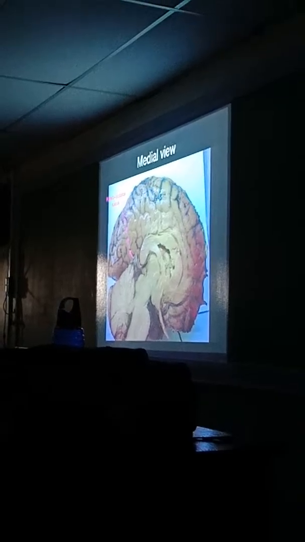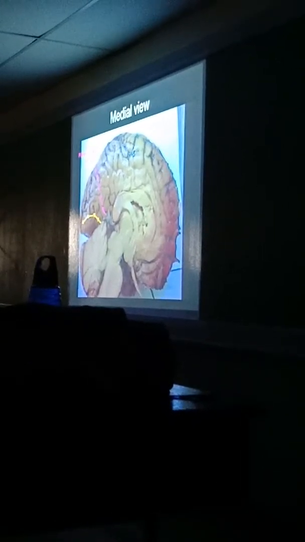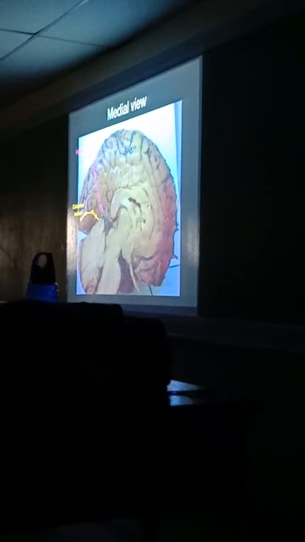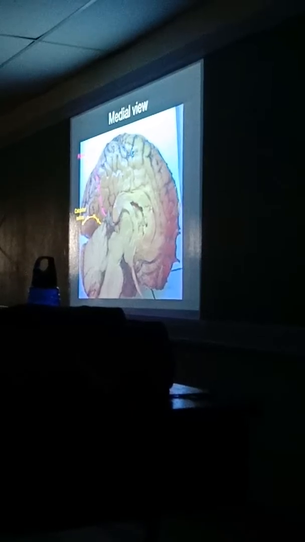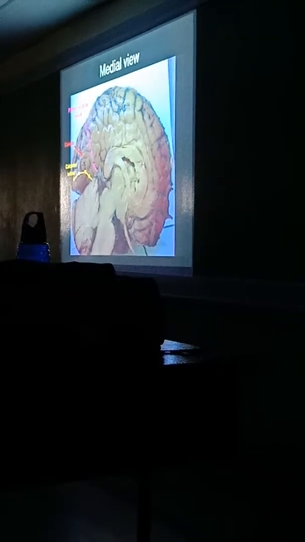Now this parieto-occipital sulcus, inferior to which is the calcarine sulcus. Okay? So there is this triangular structure between the calcarine sulcus and your parieto-occipital sulcus. This is known as your cuneus.